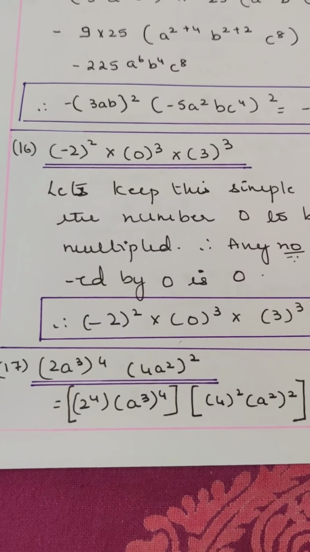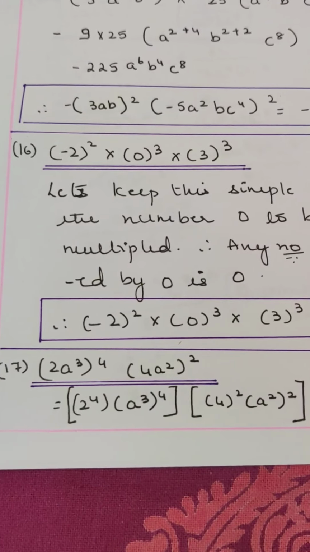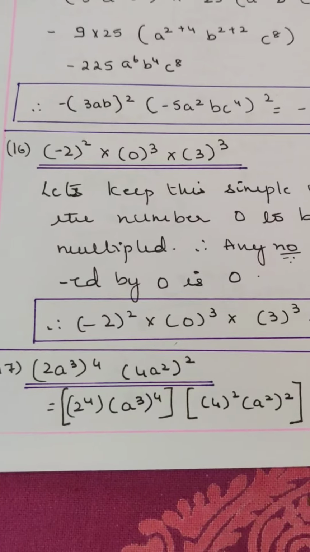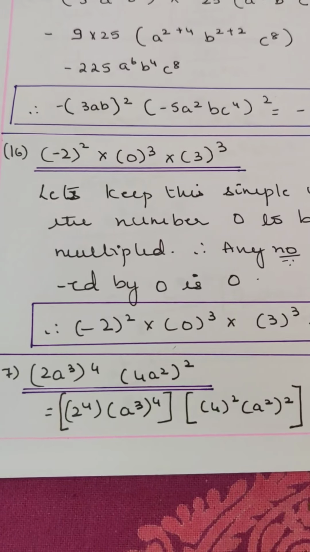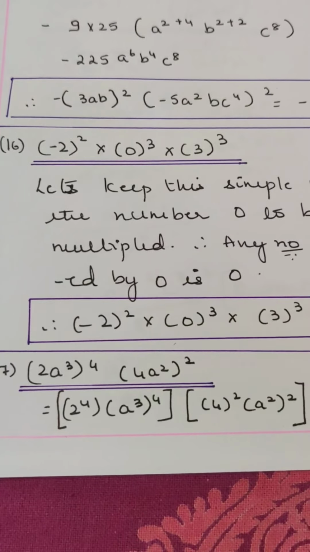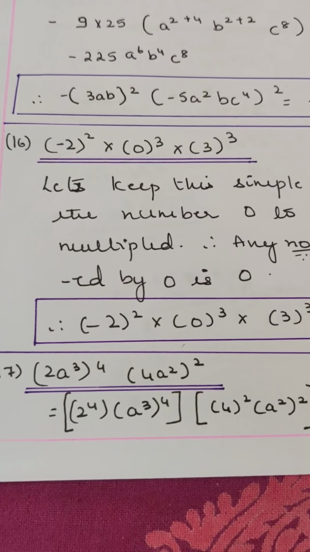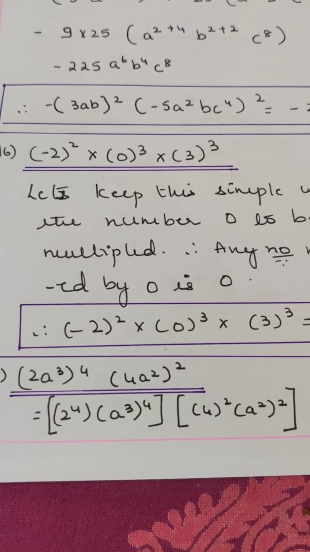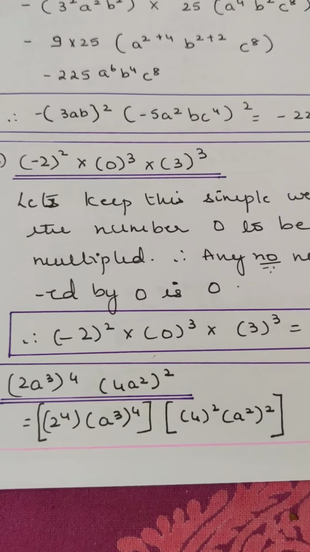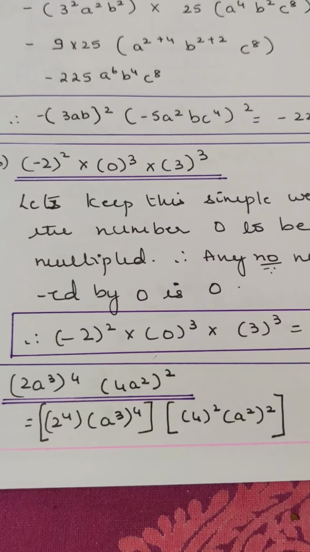The 17th one, 2 into a cube to the power of 4, the whole power of 4 into 4a square whole power of 2. Again, this is nothing but the power law that we use. Pretty simple. So 2 to the power of 4 into a cube to the power of 4 into 4 square into a square the whole power 2.